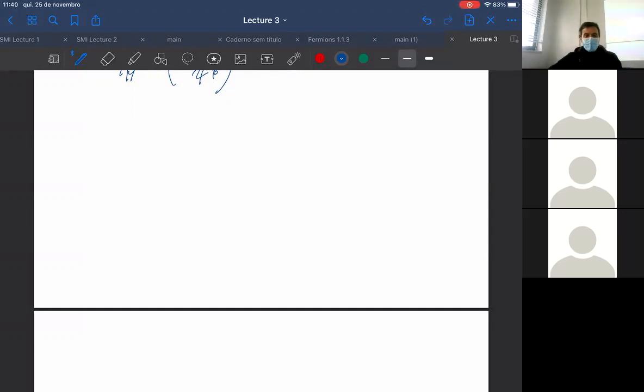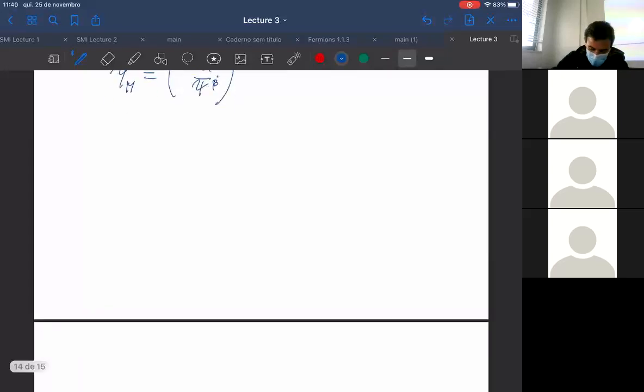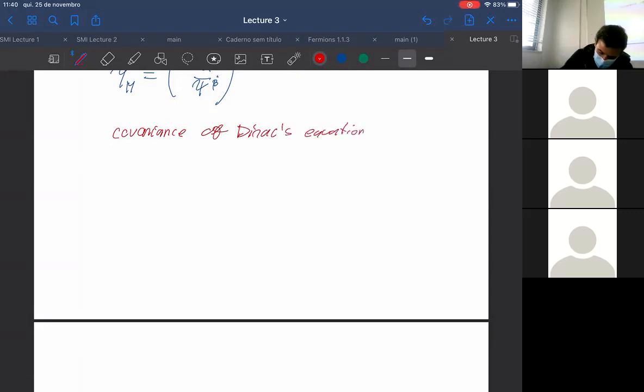But one part of that is the covariance of the Dirac equation. It comes from there because we use the same type of objects. So covariance of Dirac's equation. It is going to be a quick discussion here.